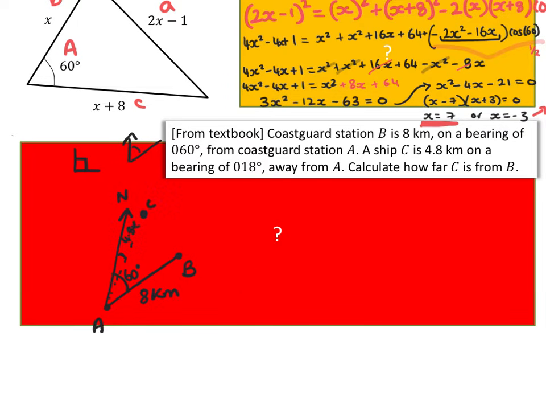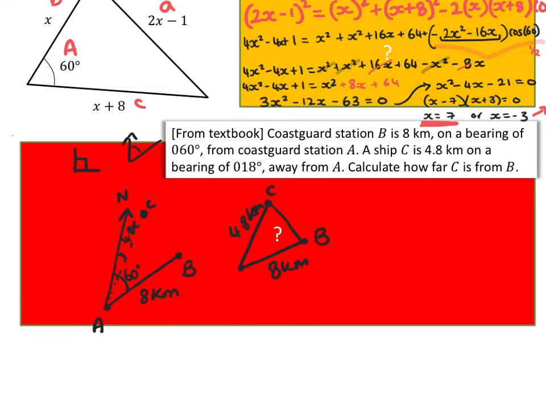So what it's actually going to look like is our A, C, B, this is 8 kilometres, this is 4.8 kilometres, and here is, okay, so this isn't 60 degrees, okay?